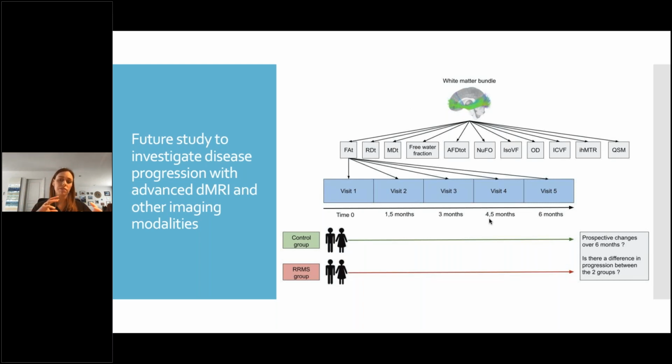We want to see if there's a difference in progression between the two groups, and also if there's a correlation between that progression of the disease and the changes in cognitive performance, in fatigue severity, in depressive symptoms, or motor symptoms. So this is a project that we are currently at visit 1 for most of the patients, and we are excited to see the results that will come out of this.